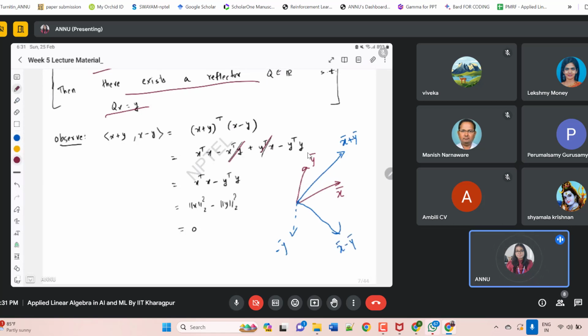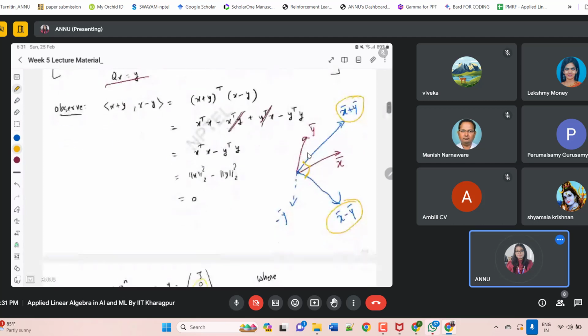Since the inner product of these two is 0, this means that x plus y and x minus y, when mod of x is equal to mod of y, will be orthogonal.